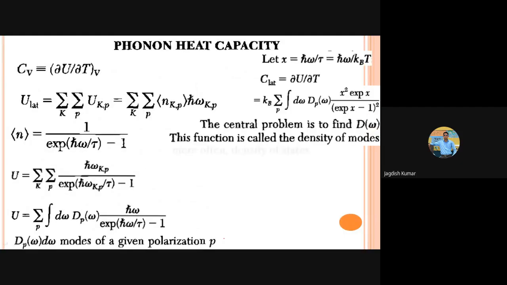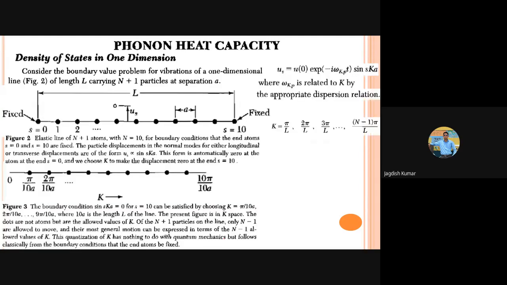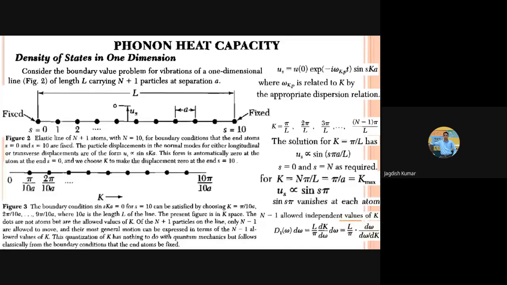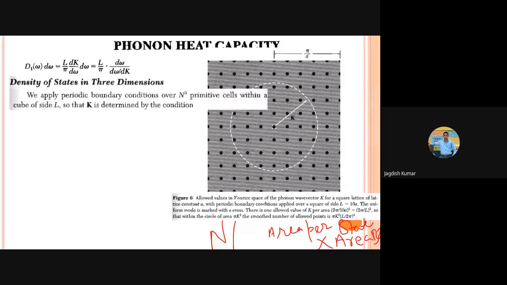So the density of states will be this, D of omega, and D of omega d omega will give you the total number of states between omega and omega plus d omega. So if N is the total number of states from 0 to omega, then dN over d omega will give us the density of states. That's what it means, and that is, I think, what follows in this same slide.